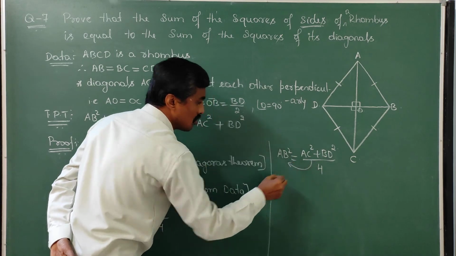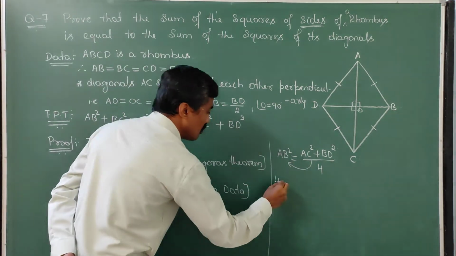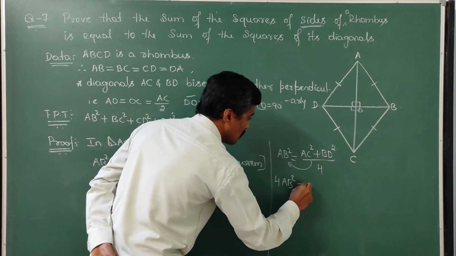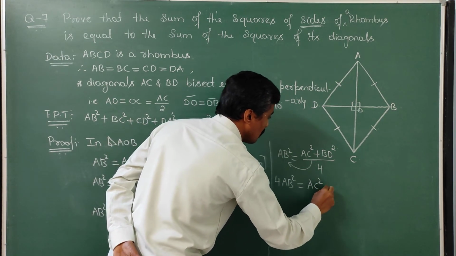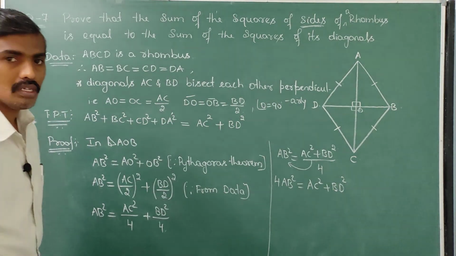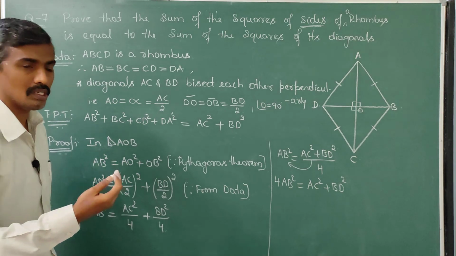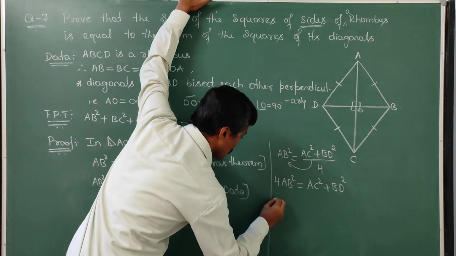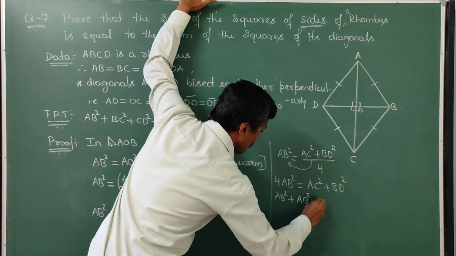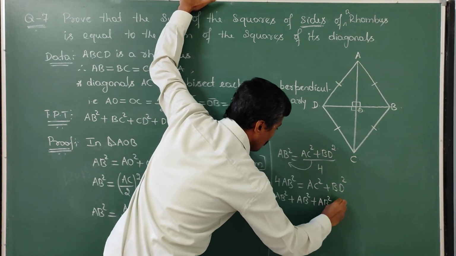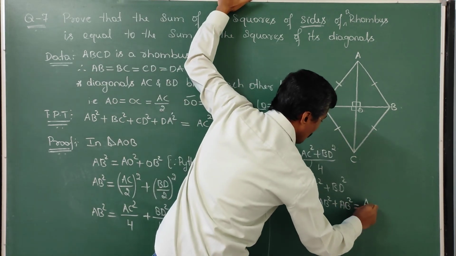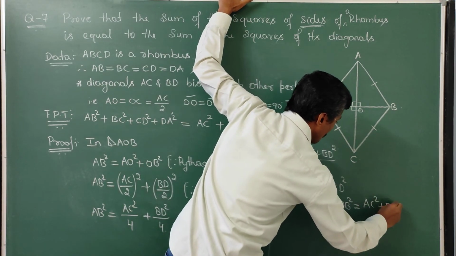Division taken to this side becomes multiplication. So 4 into AB square, 4AB square is equal to AC square plus BD square. What is 4AB square? AB square is added 4 times, correct? So I will split it as AB square plus AB square plus AB square plus AB square is equal to the right hand side, AC square plus BD square.